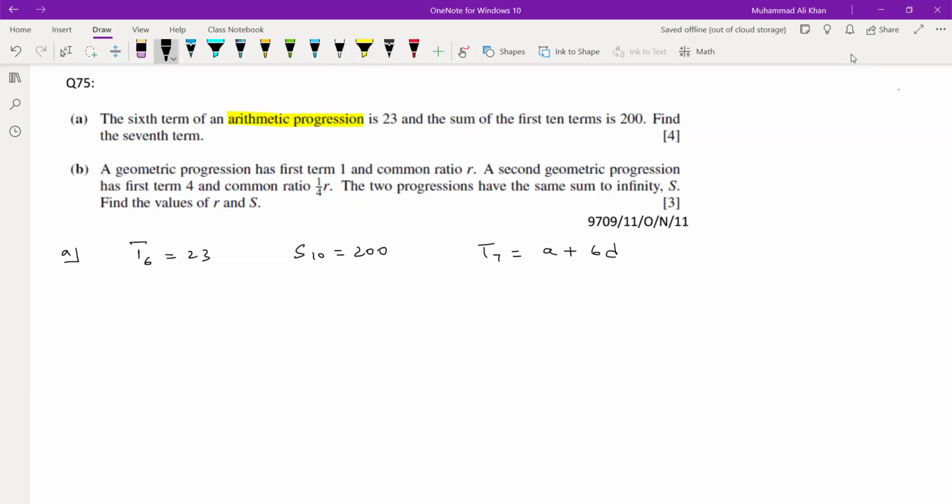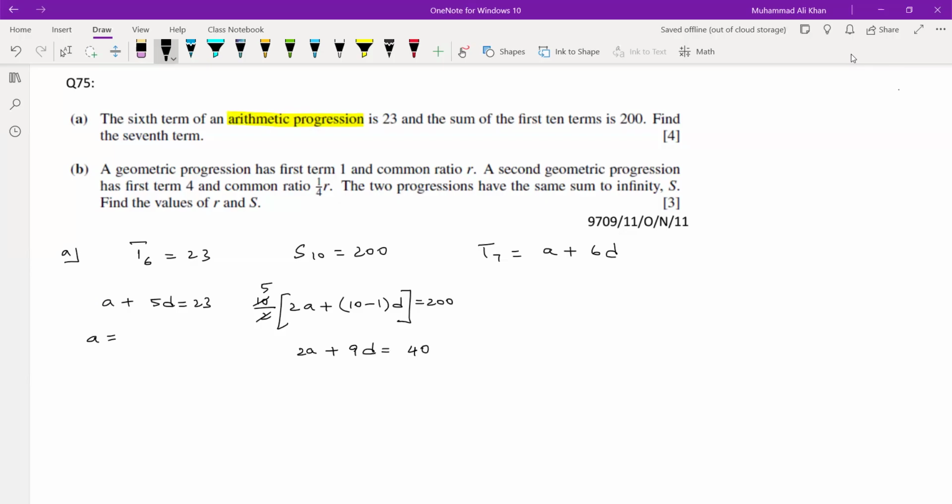Now, T6 is a plus 5d equals 23. So S10 is n by 2, 2a plus n minus 1 into d equals 200. Now, 2 5s are 10. And 200 divided by 5 will be 40.